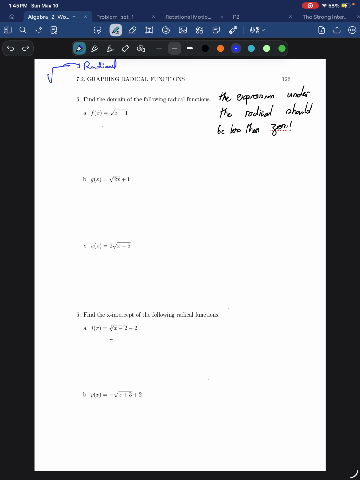So how will I find my domain? I'm going to write that x minus 1 should be greater than or equal to 0. And then I solve for my x.